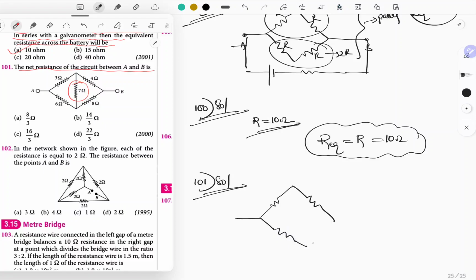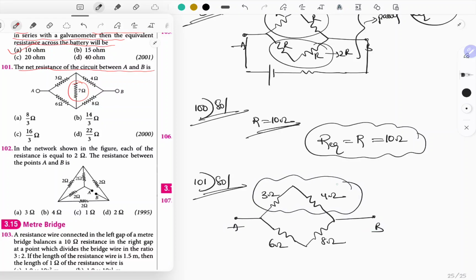Okay, so this is how it is arranged: 3 ohm, 4 ohm, 6 ohm and 8 ohm, this is A, and this is B. These two resistors are connected in series, which is 7 ohm. These two are connected in series, which is 14 ohm.